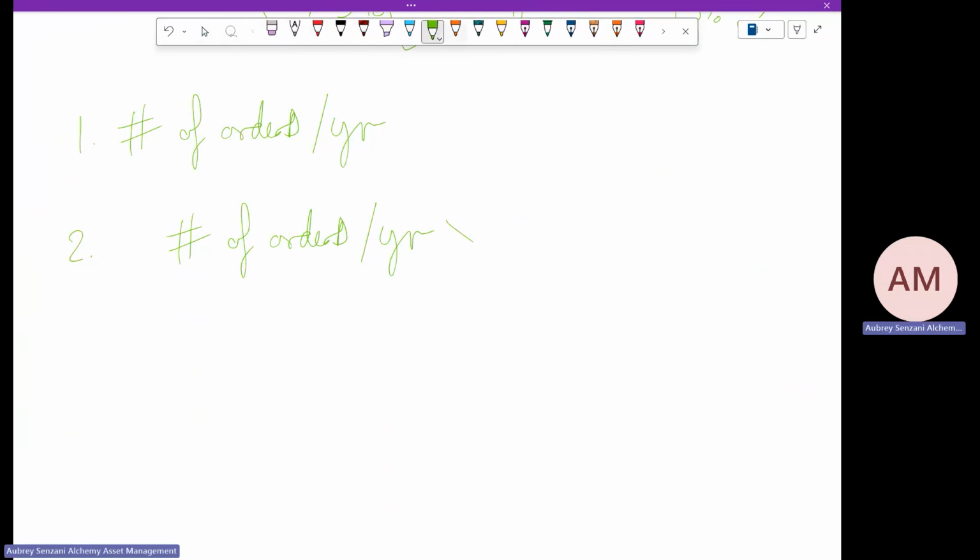Then times the cost per order, okay? Then from there, number three, you're then going to say, what is the holding cost of this proposal or our current policy?